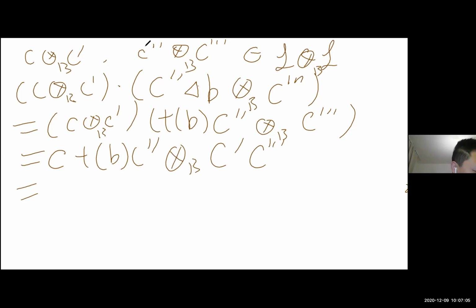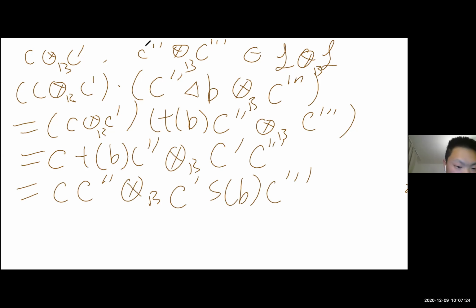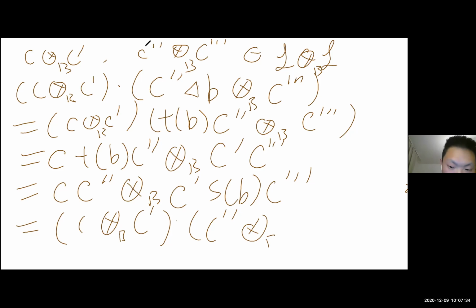And by using the Takeuchi product, the restriction on the Takeuchi product, we can see this one is equal to C double prime tensor B of C prime S B C triple prime, and this in turn is C double prime tensor B, and we have B act on C triple prime.